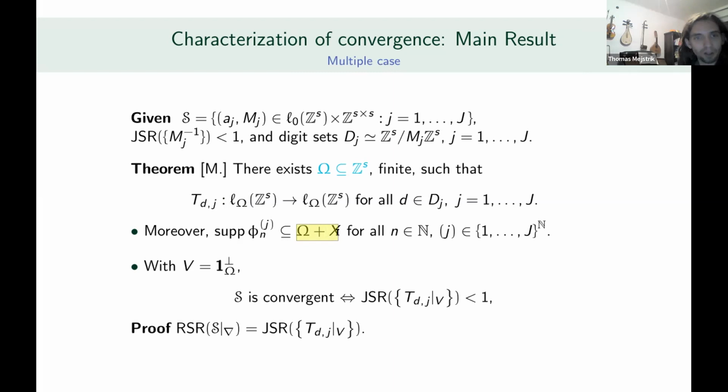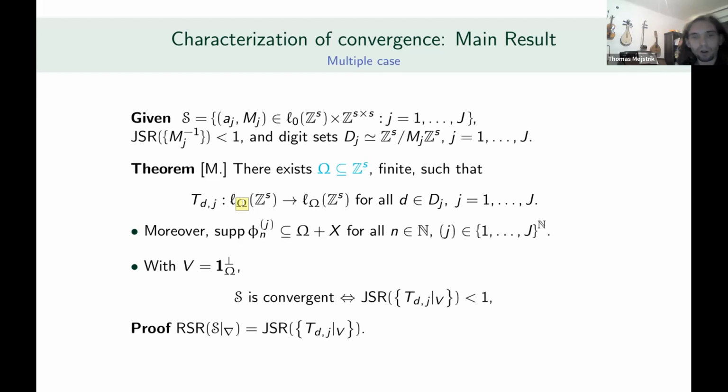The important part of the theorem is that these matrices restricted to the subset Omega have another invariant subspace, which turns out to be just the vectors orthogonal to the vector of 1. And if we restrict these matrices again, we can show that S is convergent.